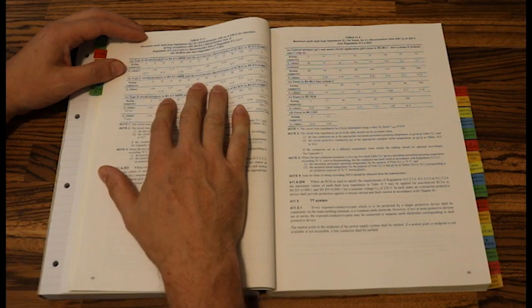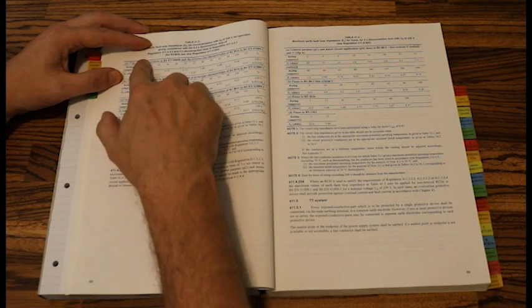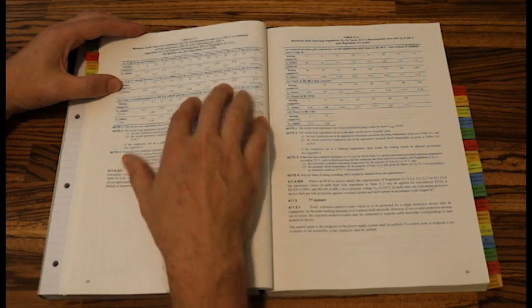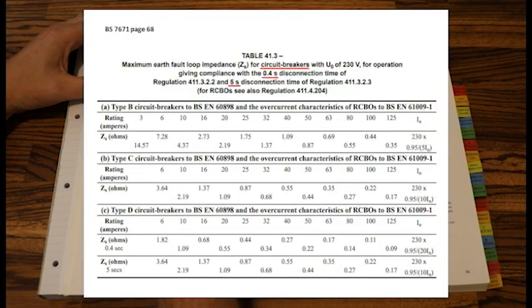This table up here is for MCBs. We have a type B, type C, type D, and this table says maximum earth fault loop impedance for 0.4 second disconnection time and a 5 second disconnection time.